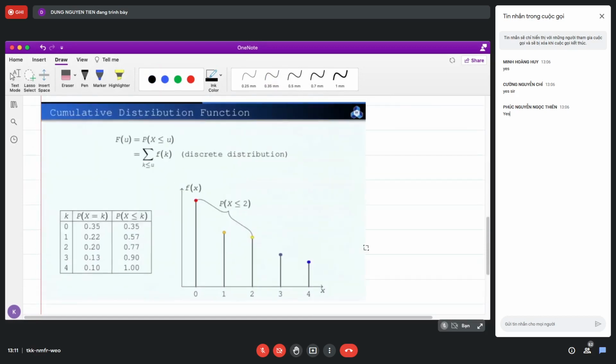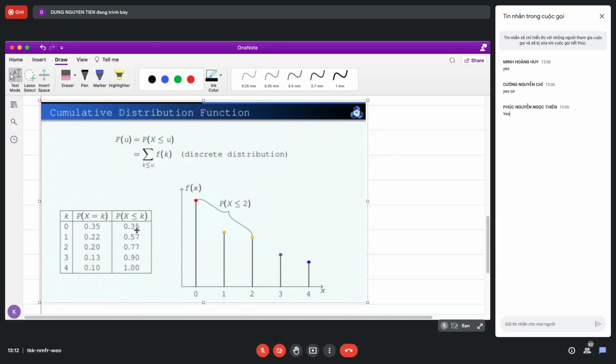So the cumulative distribution function is defined by the probability that x is less than or equal to u, which is the sum of f of k for all k less than or equal to u, all right? And suppose that we have the following probability function defined by the table, then x could be 0, 1, 2, 3, 4. The second column gives you the probability that x equals k, and the last column gives you the probability that x is less than or equal to k.